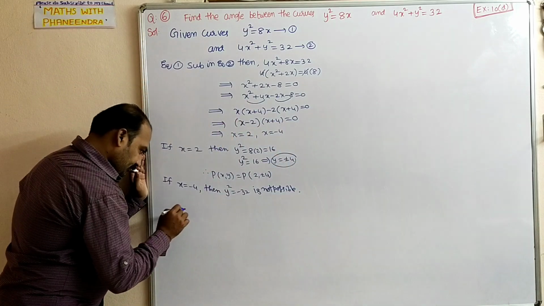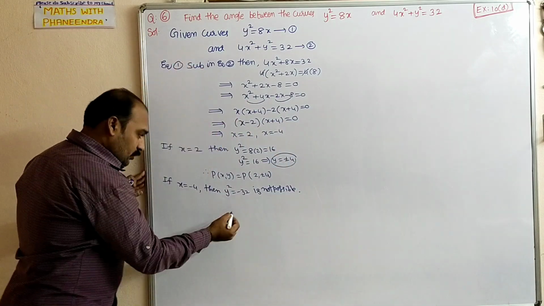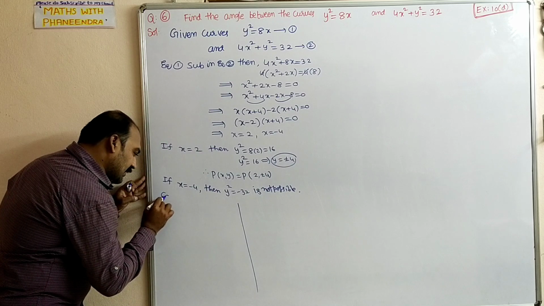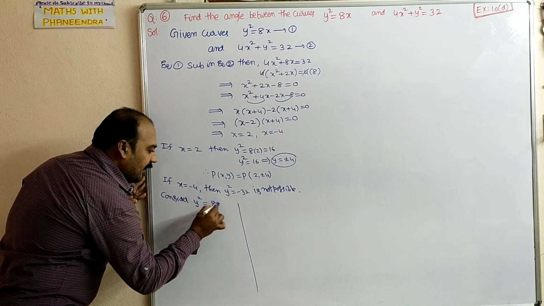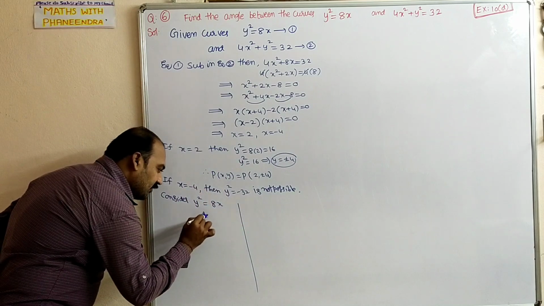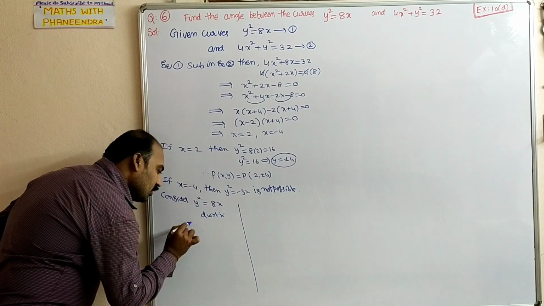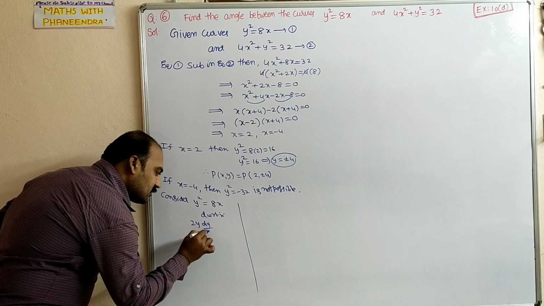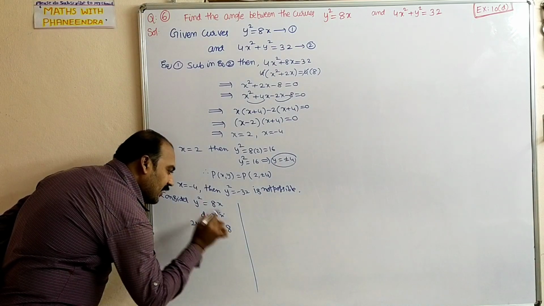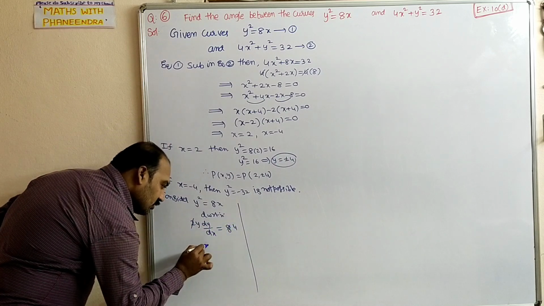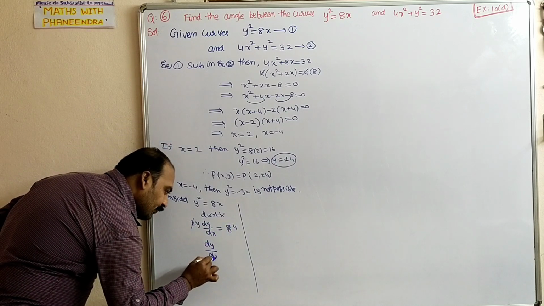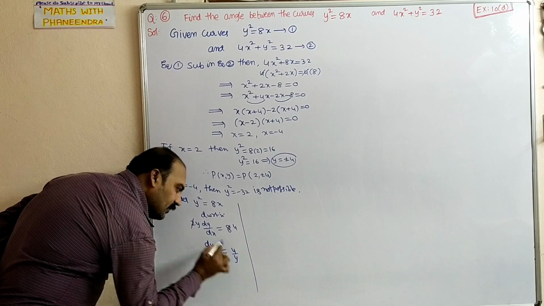So consider the first curve y square equal to 8x. Differentiate with respect to x. 2y into dy by dx is equal to derivative of 8x, which is 8. 2 ones are 2, 2 fours are 8. So dy by dx equal to 4 by y.